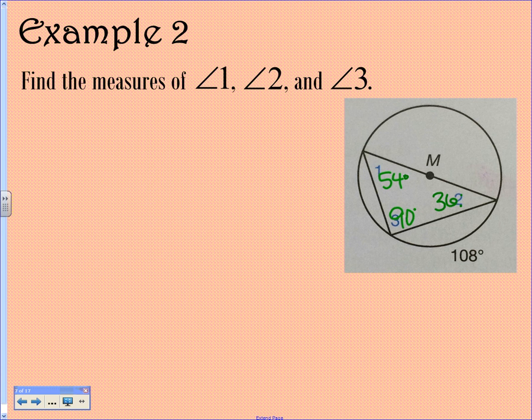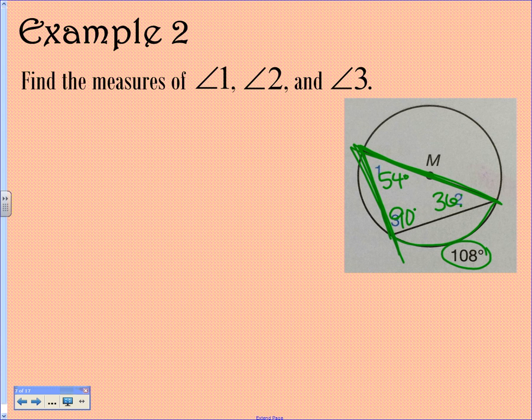These have to add up to 90? I mean 180. These 3 have to add up to 180? Or these 2 add up to 90 since it's a right angle here? 108 and this angle are related.